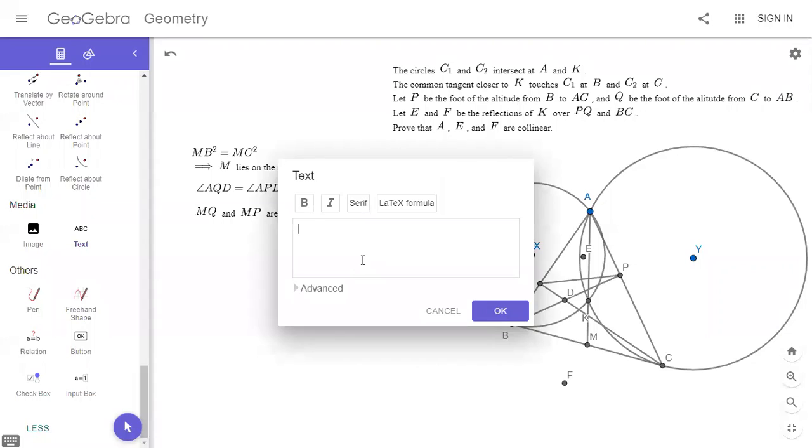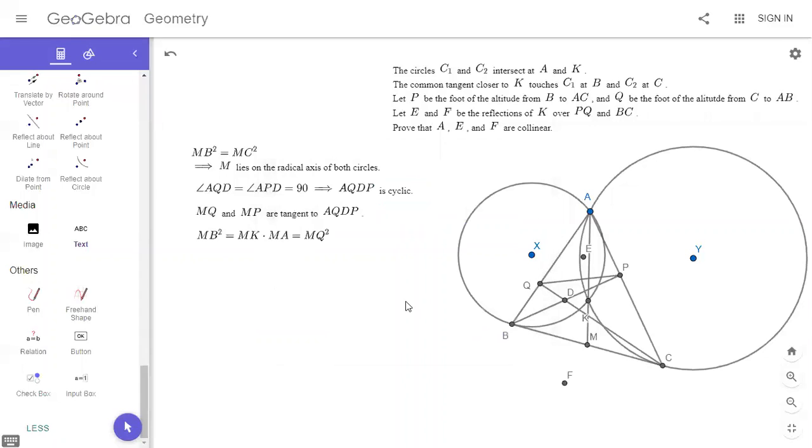So we have MB squared is equal to MK times MA, which is equal to MQ squared. So that means that K lies on that circle AQDP.